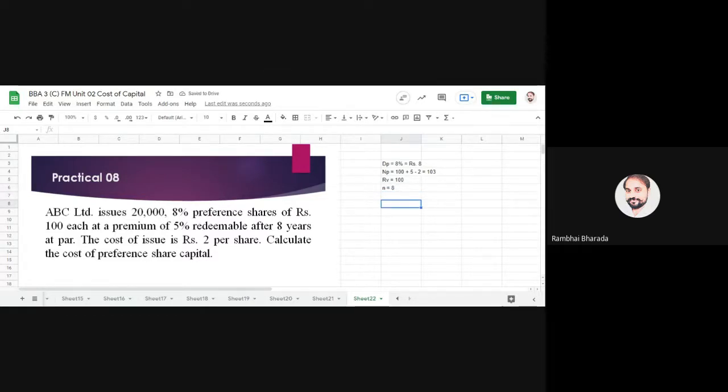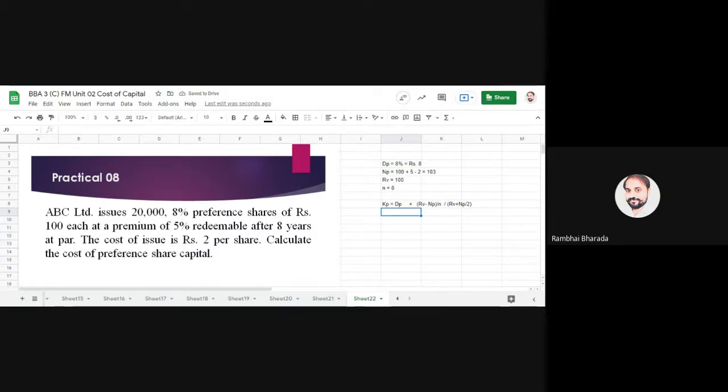Now write down the formula. KP is equal to DP, DP is separate, okay, plus, in a bracket, RV minus NP upon N, and entirely divided by RV plus NP upon 2.